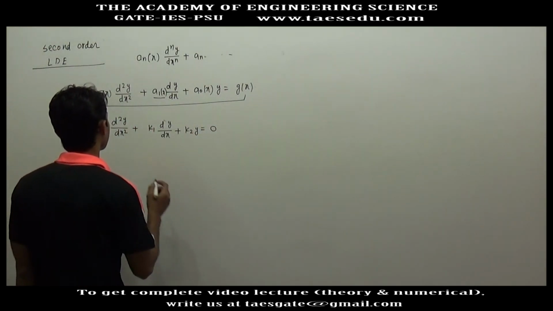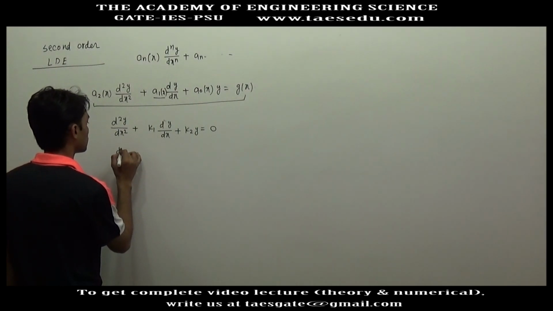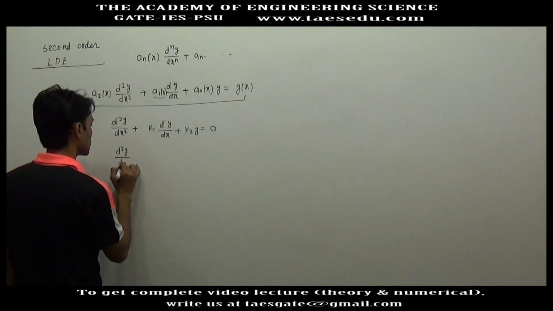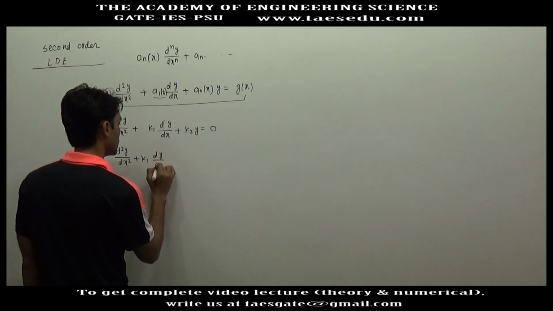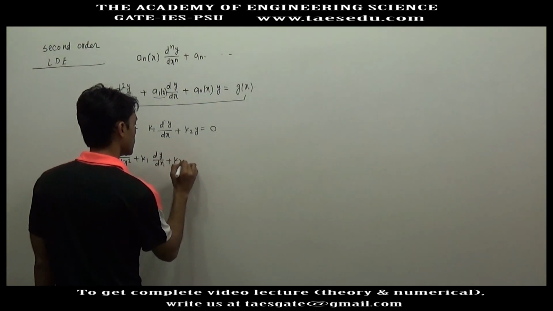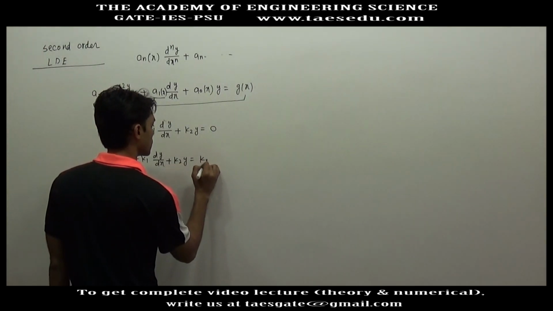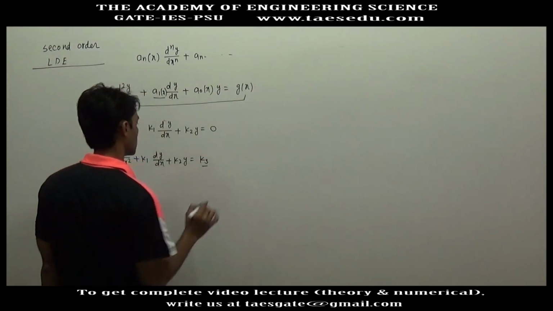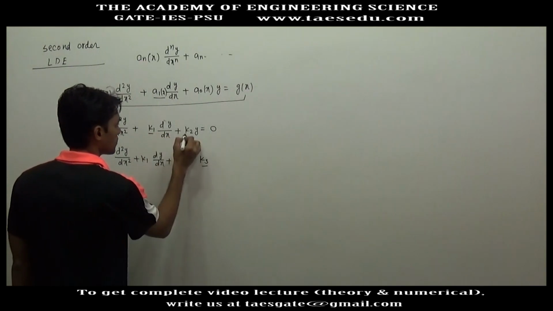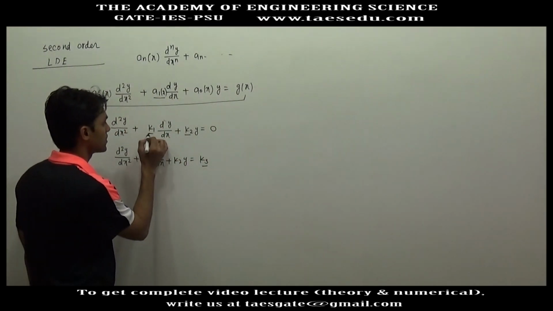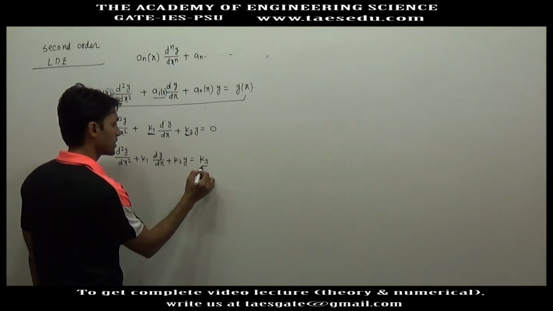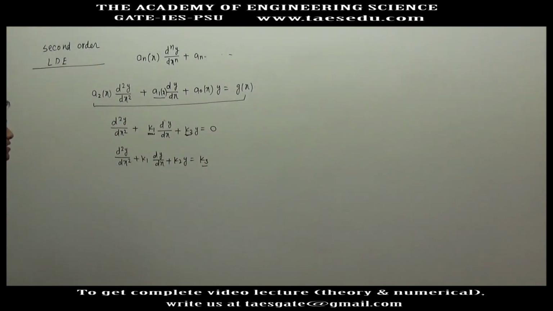In the other case, d2y by dx square plus k1 dy by dx plus k2 into y is not equal to 0, but equal to some constant. In this special case, k1, k2 and k3 will be constants, not dependent on x.